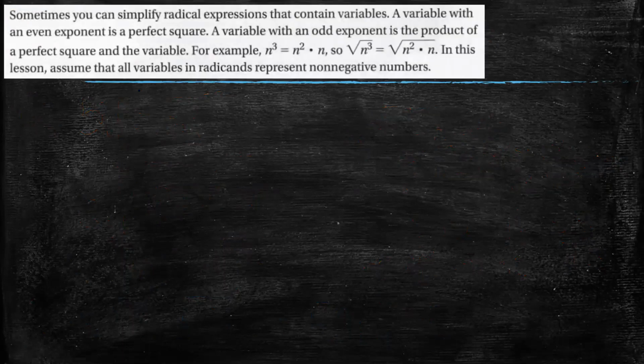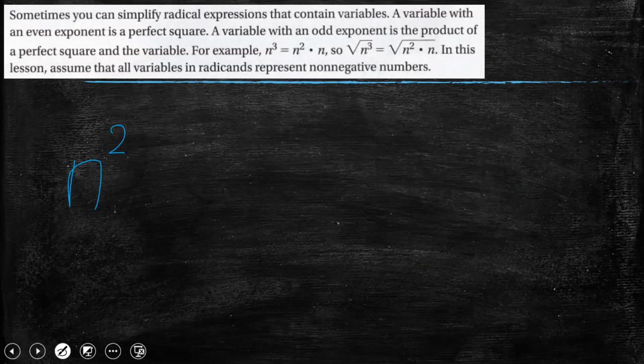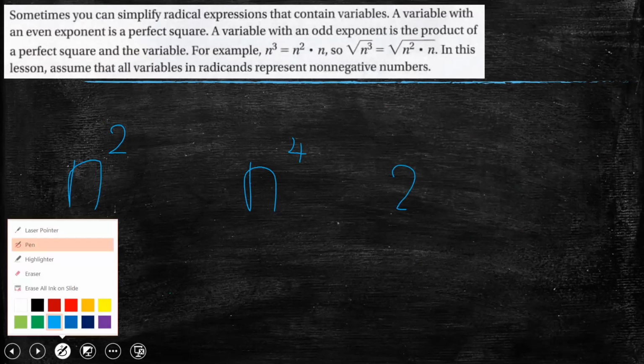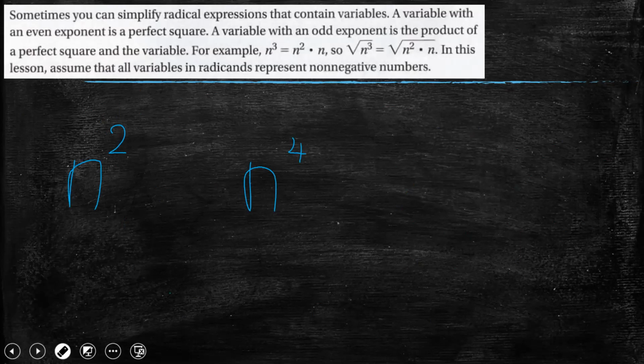Now, sometimes we can simplify radical expressions that contain variables. A variable with an even exponent is a perfect square. If you have a variable like n squared, this is a perfect square, or n to the power 4, or n to the power 6, or n to the power 8.